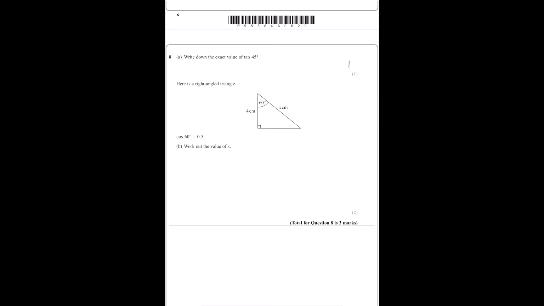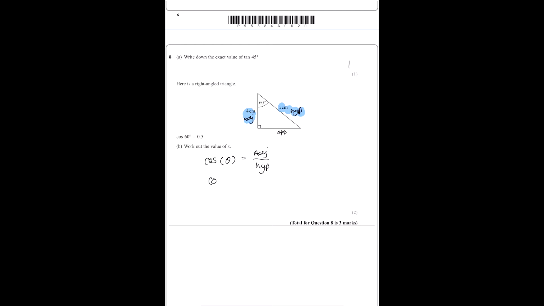Here's a right angle. We're given cosine of 60 is 1/2, work out x. So we can label our diagram. So this would be opposite, hypotenuse, adjacent. We have the adjacent, and we want to find the hypotenuse, so we know we use cosine. Cosine of an angle is adjacent over hypotenuse.